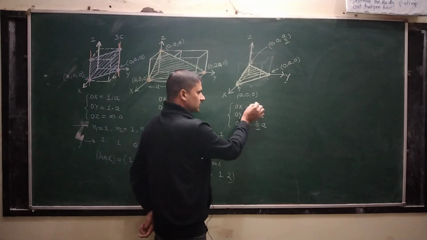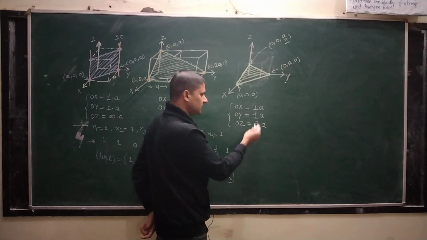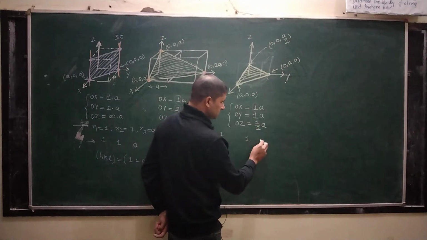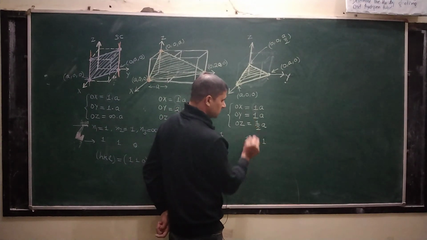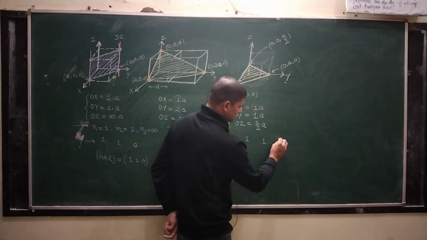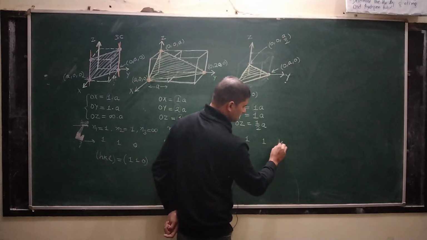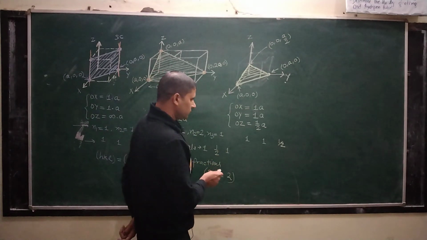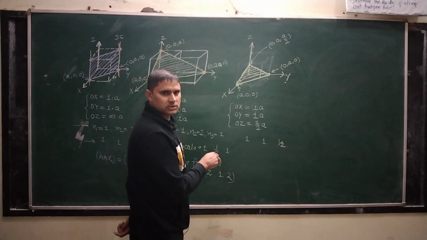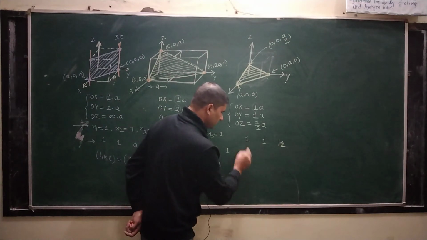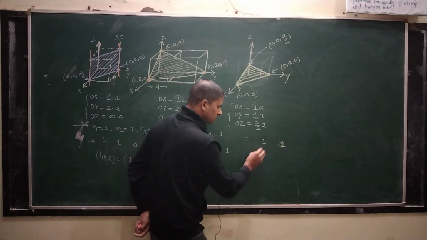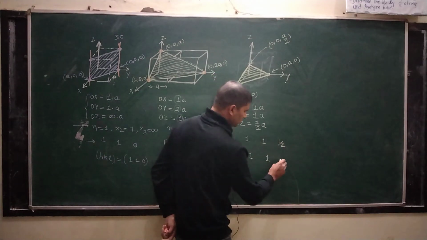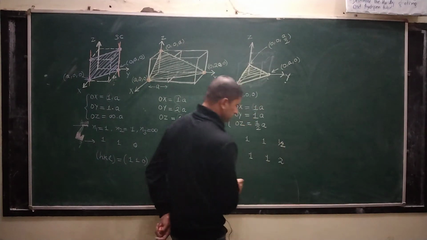Now we will see the values of n1, n2, n3. Here n1 is 1, n2 is 1, and n3 is half, 1 by 2. Now you will take the reciprocals of these. The reciprocal of 1 is again 1, that of 1 is 1, and that of 1 by 2 is 2.